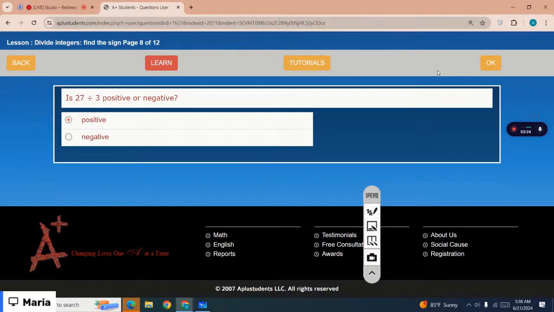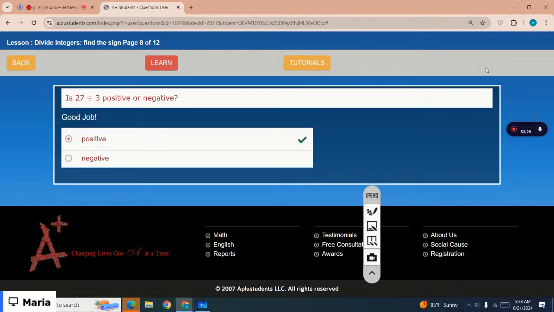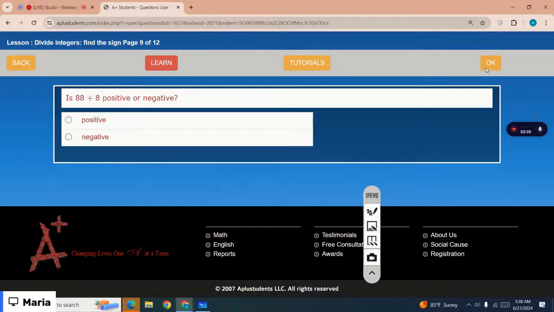Yes, positive it is. The correct option is positive. Is 88 divided by 8 positive or negative? Yes, positive it is. The correct option is positive.